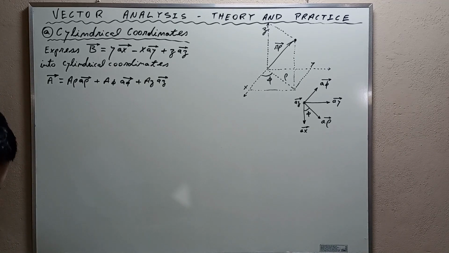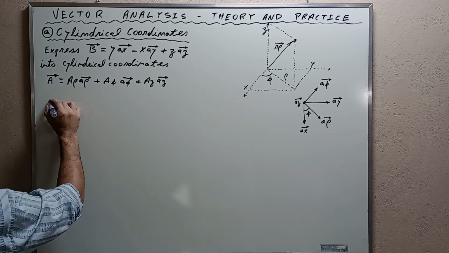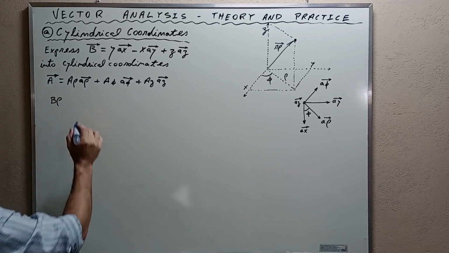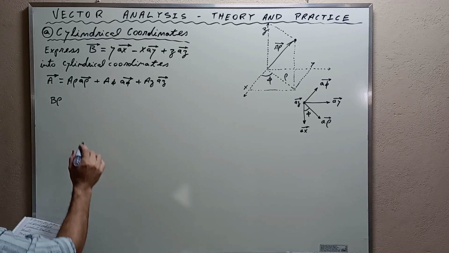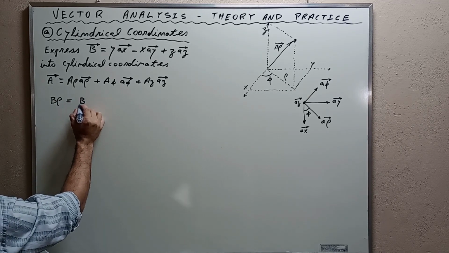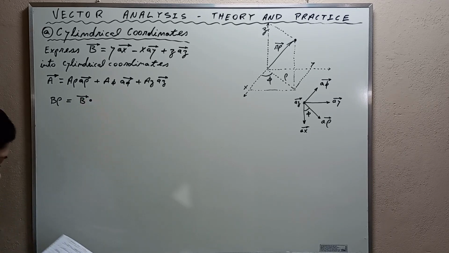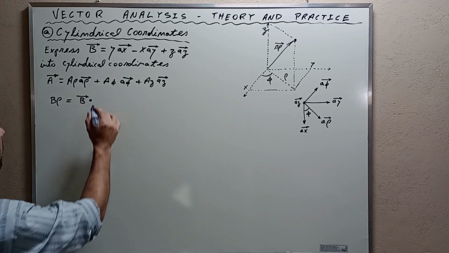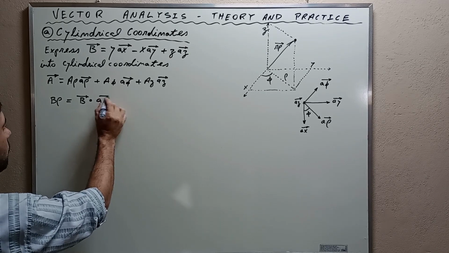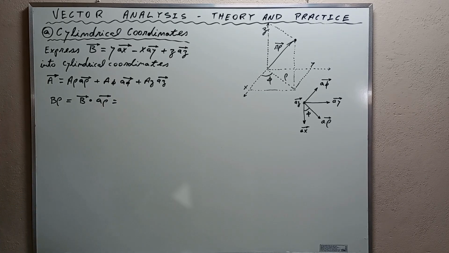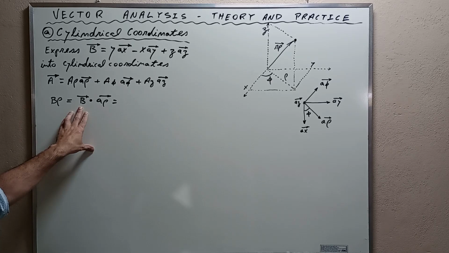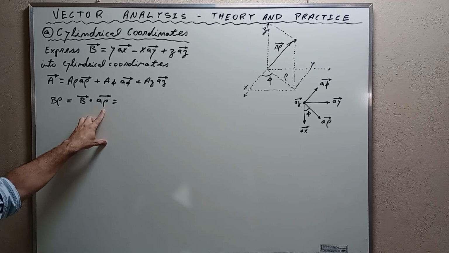Okay, let's compute firstly b rho. B rho will be equal to b in a dot product with a rho. Okay, remember that the dot product allows us to calculate the component of any vector in the direction that we want. We want the rho direction.